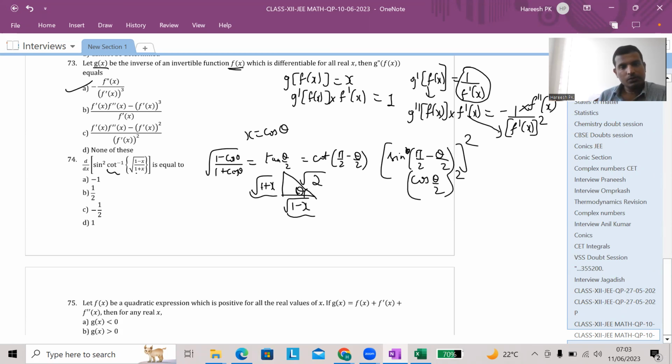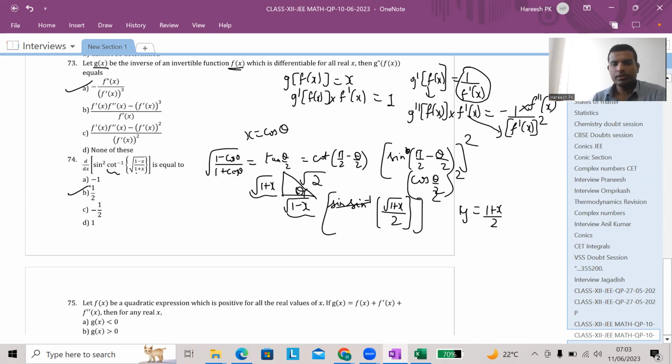So I can write cot inverse of this as sine inverse of root 1 plus x by 2. And there is a sine also outside, and the whole square is there. Sine square means sine of this whole square. This will get cancelled. So when I square, I'll end up getting y as 1 plus x by 2. Then dy by dx will simply be half. So that's a more easy way of doing it.